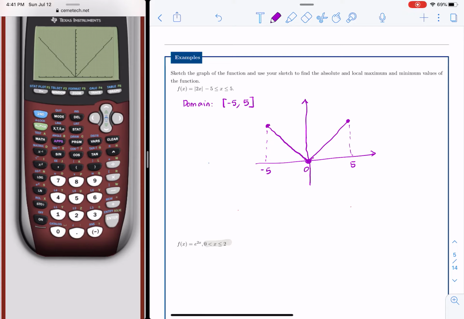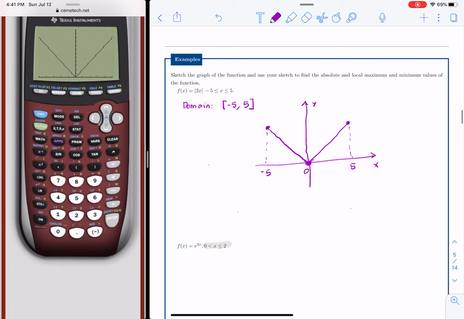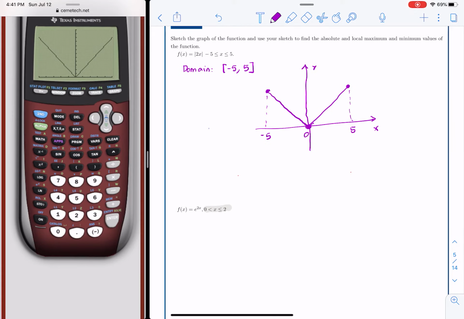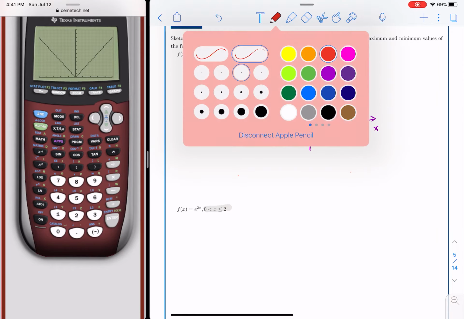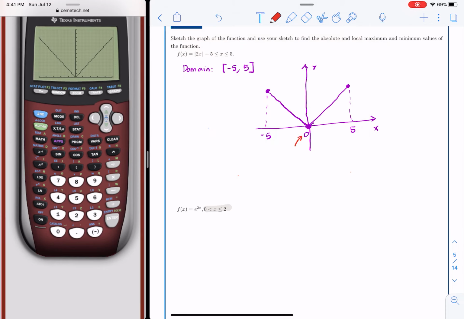So now it's interesting here because the lowest value of all possible values, it's obvious, and that happens at x is equal to 0. So x is equal to 0 would correspond to the absolute minimum.